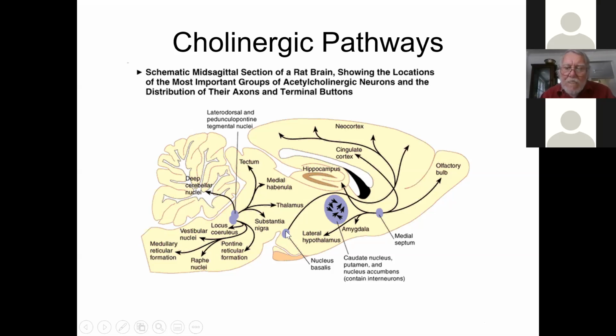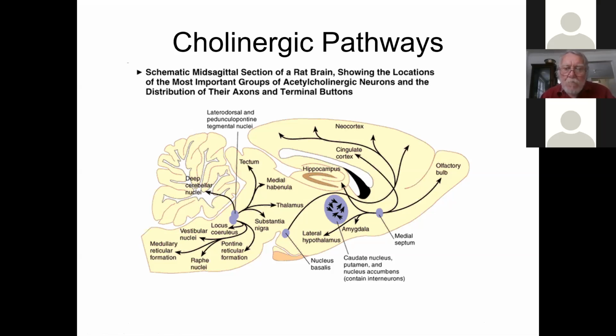Then we see a swath of cells starting in the very basal forebrain in an area called the nucleus basalis of Meynert. Those cells reach out in an arc into the caudate nucleus and the putamen and the nucleus accumbens. Then that arc continues out past the amygdala into the medial septum.